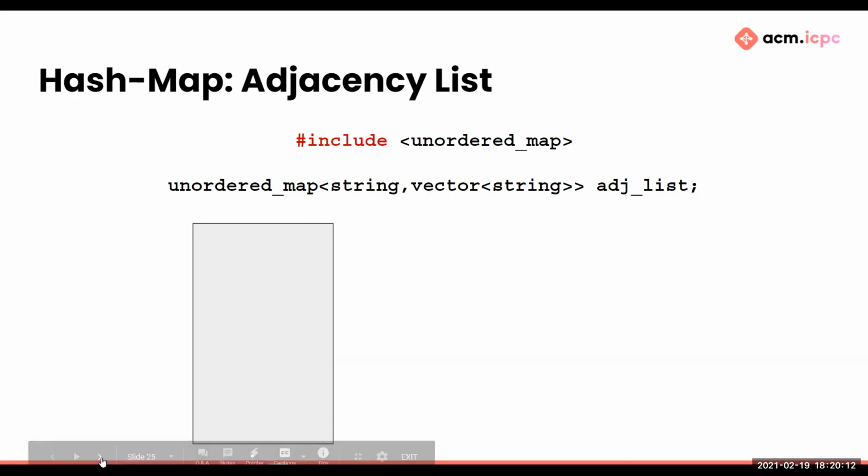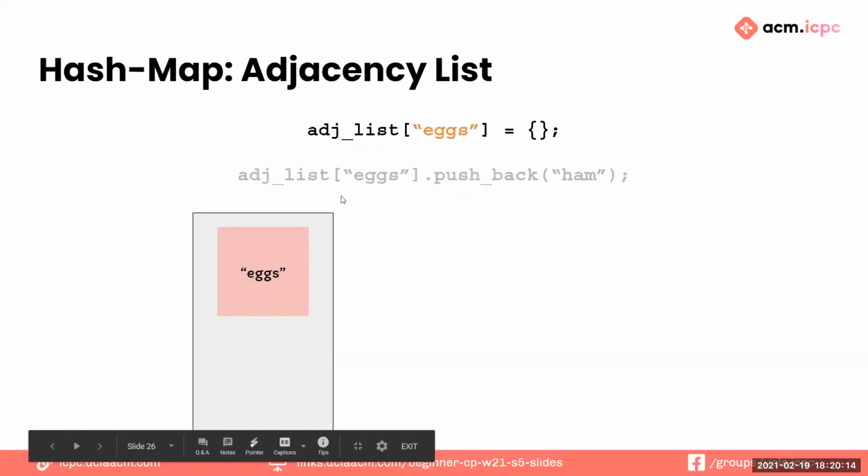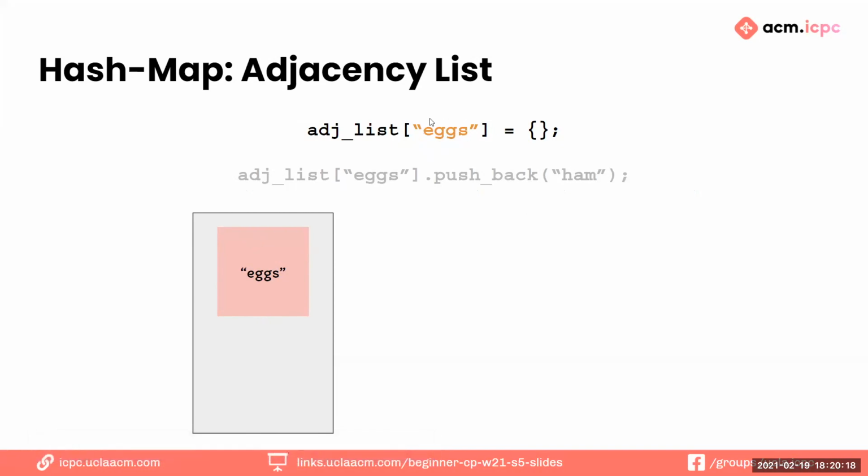And then I can just do our inserts. So first, if I want to insert eggs as a node into this graph, I would do adjacency list eggs and then set that to an empty vector.